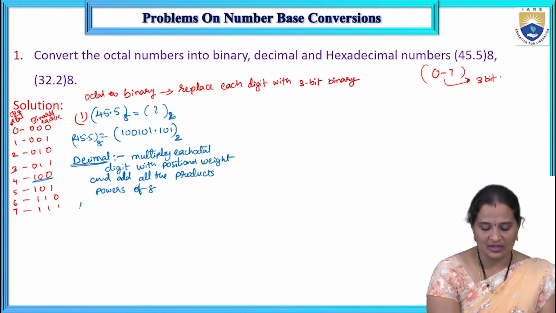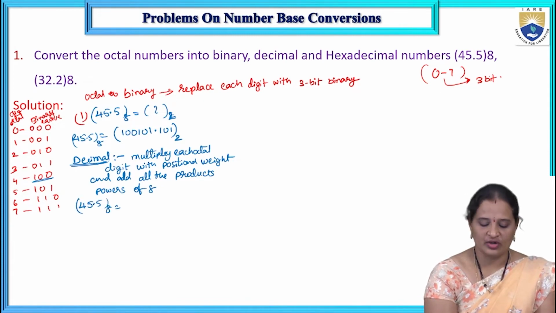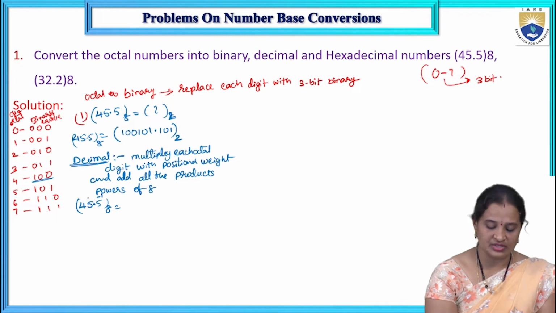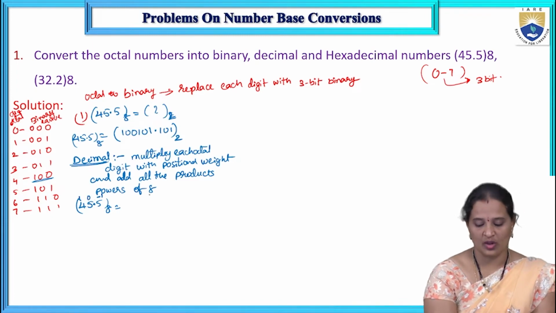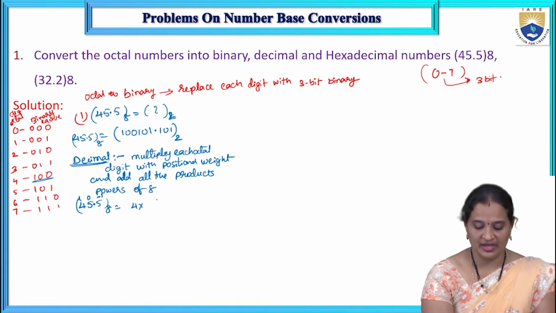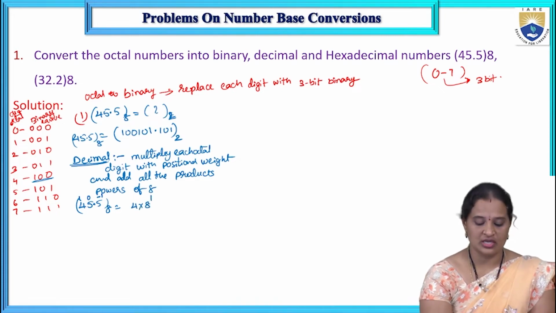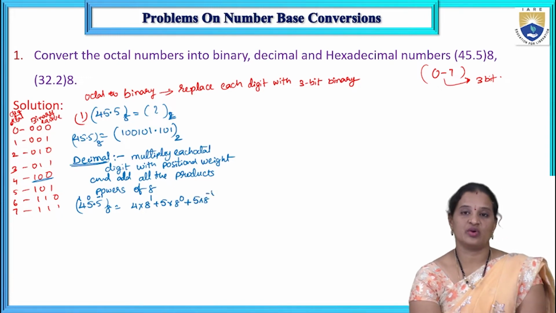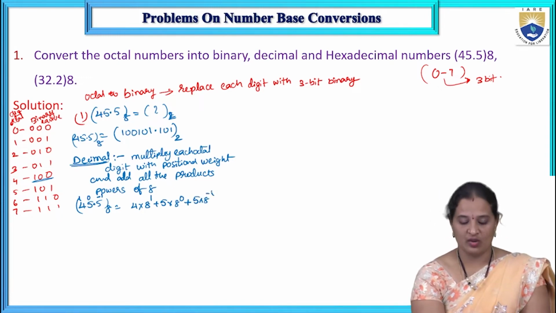Now I'm taking the octal number 45.5 base 8. What is the bit position here? After the octal point, the position starts from -1. Before the octal point, the position starts from 0, 1, 2 and so on. So I have to multiply this 4 with its positional weight, which is 8 power 1, because this 4 is in position 1, plus 5 into 8 power 0, plus 5 into 8 power -1. 8 power -1 is nothing but 1 by 8.